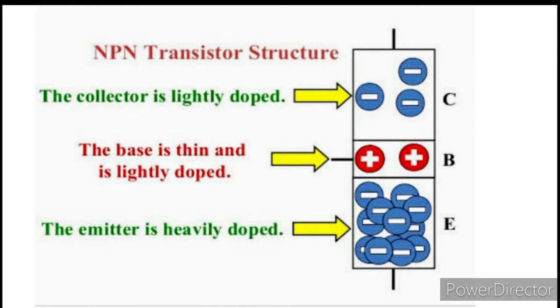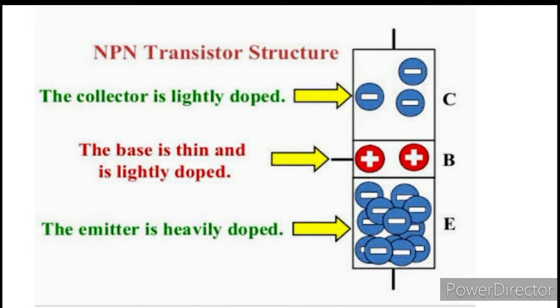In the transistor, there are different configurations that can be used: common emitter, common collector and common base. The common collector and common base connections are discussed later.